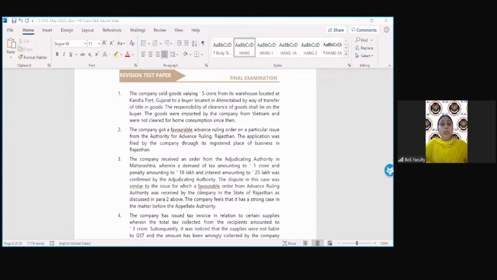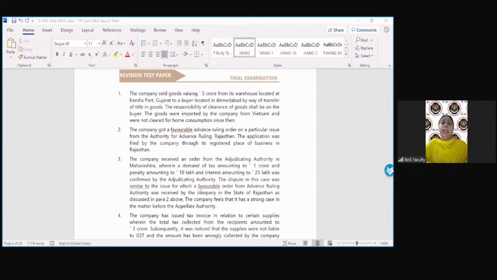Now, when the company sold those goods in the warehouse, Schedule 3 got attracted, and in Schedule 3, Para 8A provides that supply of warehouse goods to any person before clearance for home consumption is neither a supply of goods nor supply of services.